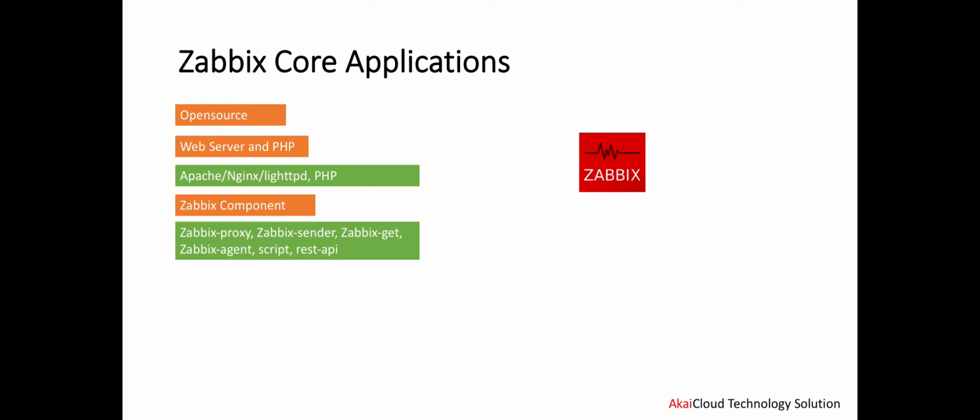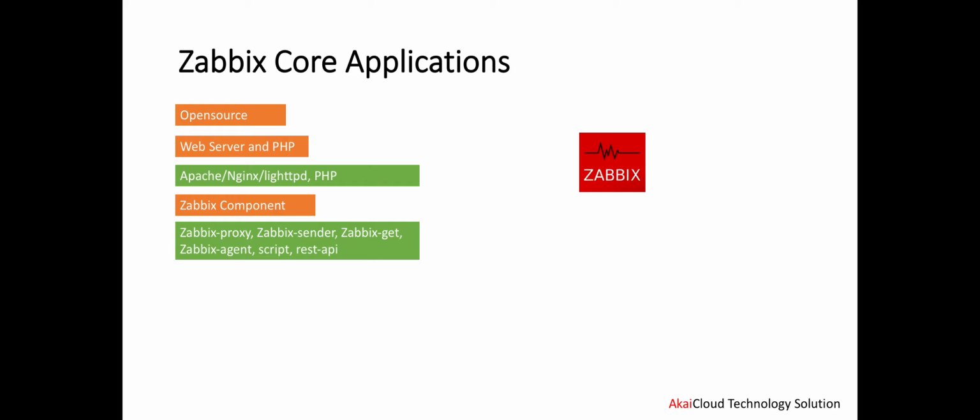The format is: the first field is the host name, the second field is the key name, and the last one is the value. Zabbix sender is very useful when you cannot install the agent, you cannot do anything else, and you just want to send the metric to a specific host. Then Zabbix sender is the one solution.